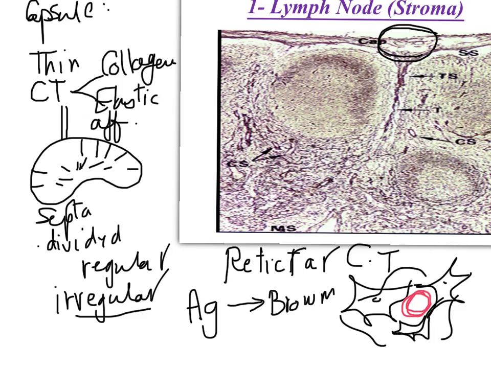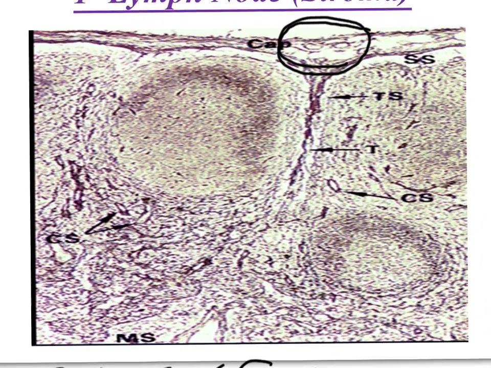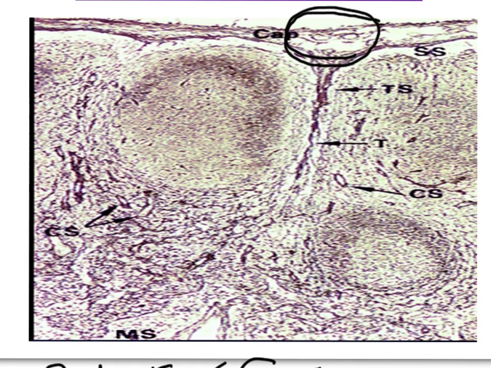So in this picture we have the components of the stroma. We have the capsule, we have one of the septa appearing, and it is a cortical septum, and we have a background of reticular formation formed of reticular cells and reticular fibers.